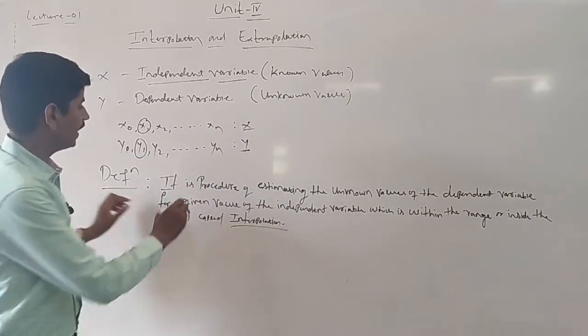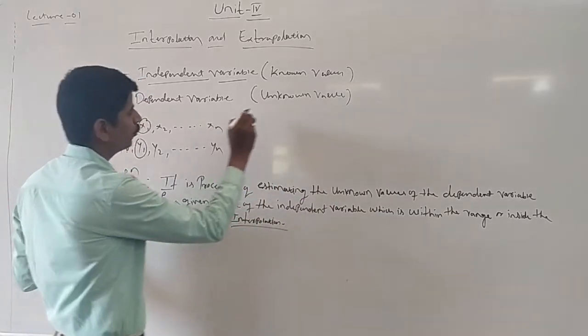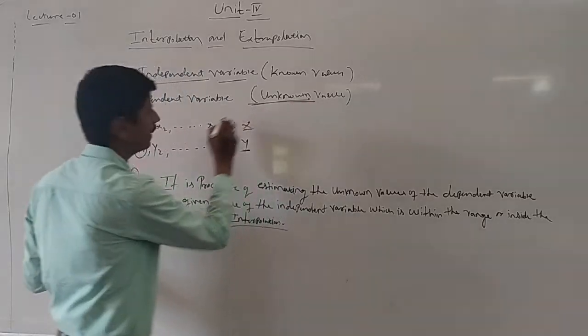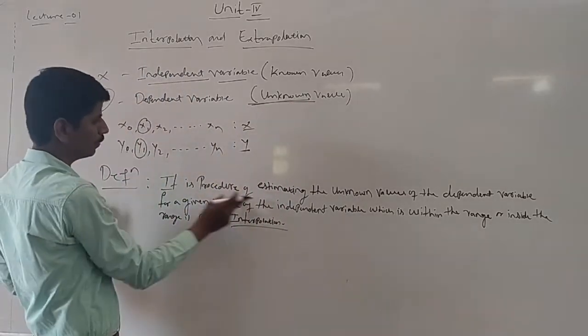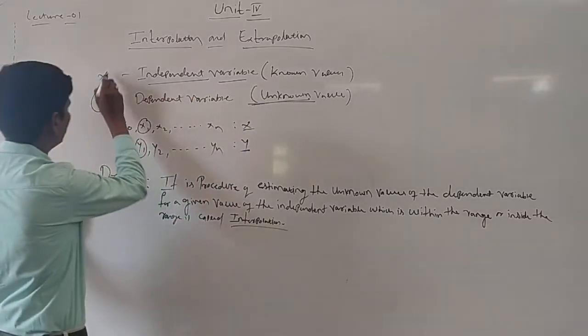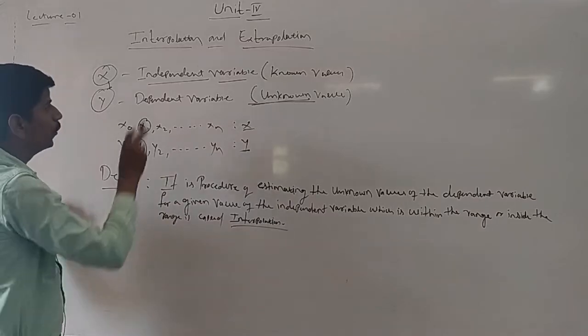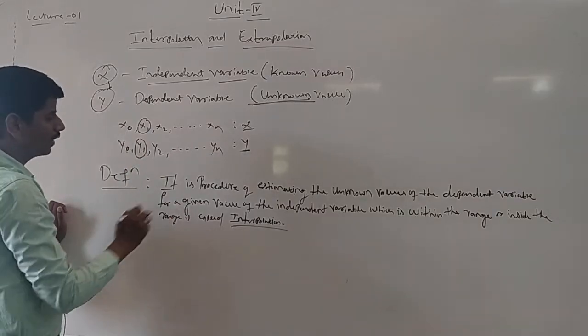We have to estimate the unknown value of the dependent variable, the y value, for a given value of the independent variable. With the help of the x value, we can find the y value, which is inside the range, and this is called interpolation.